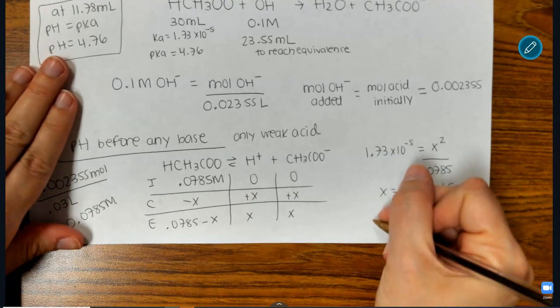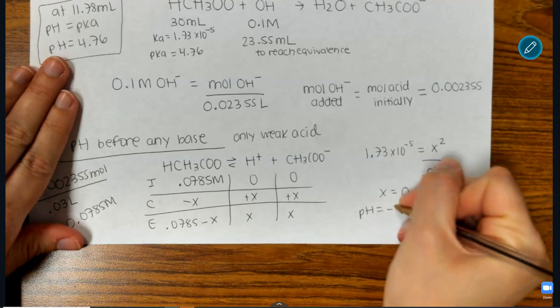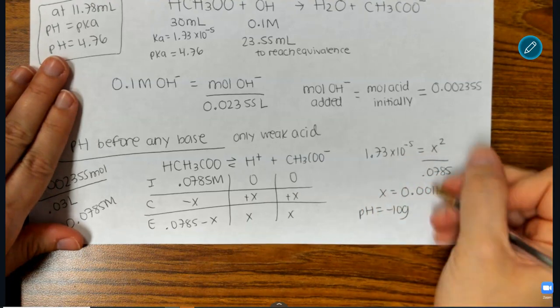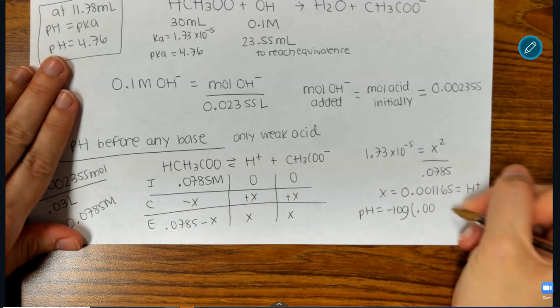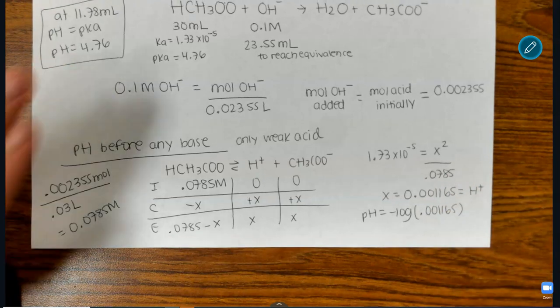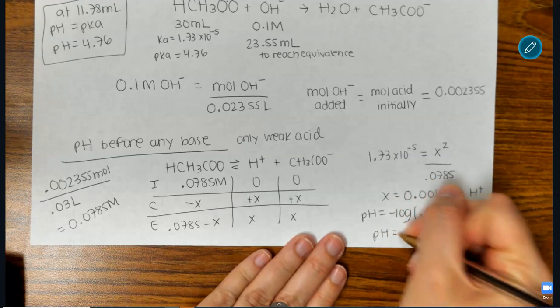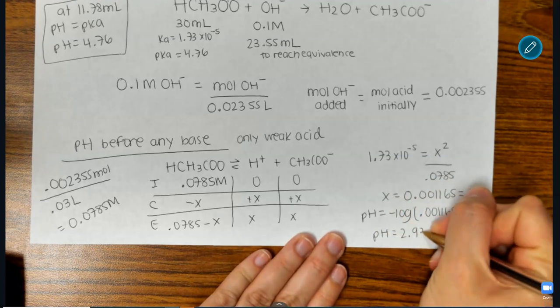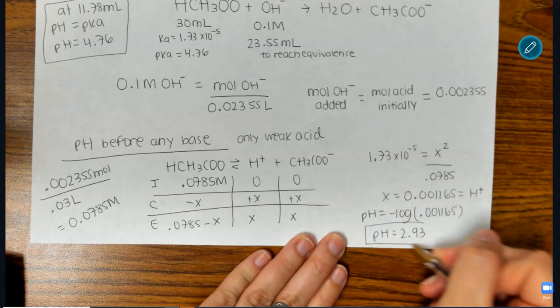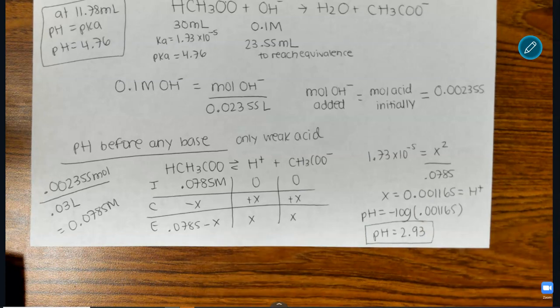And so to get pH, pH is the negative log of your H, so negative log that X. And we get that the pH initially for this is 2.93. So there is the initial pH. It's just an ICE table.